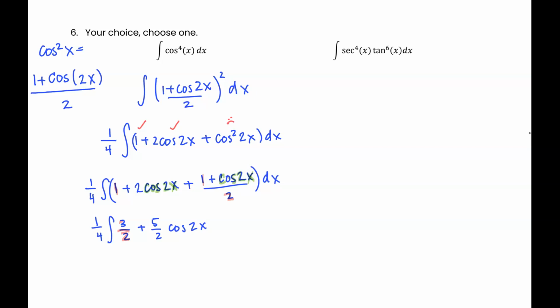And now if I wanted to, pulling that extra 1/2 out in front doesn't feel quite as gross as it did before. And I could have before, and we'll look at what that would have looked like. So I'm going to make this a 1/8 times 3 plus 5 cosine of 2x dx. So if I had wanted to get rid of that 1/2, I would have needed to divide out 1/2 from 2, which would have left me with 4. 4 plus 1 is 5.